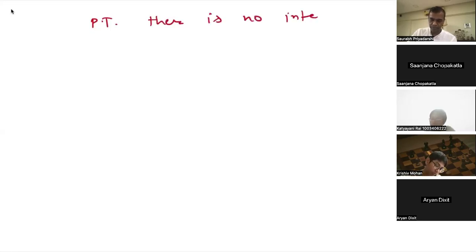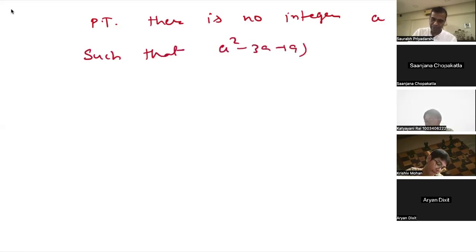The next question is coming to you. So everyone be careful, right? Prove that there is no integer a such that a square minus 3a minus 19 is divisible by 289.